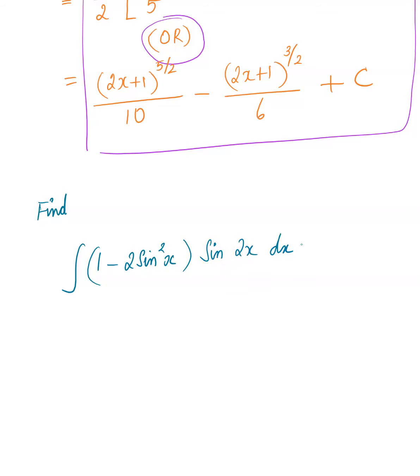Look at this. Now in this case, one of the challenges is that you have this sine 2x, right? That's like a double angle there. It is a double angle.